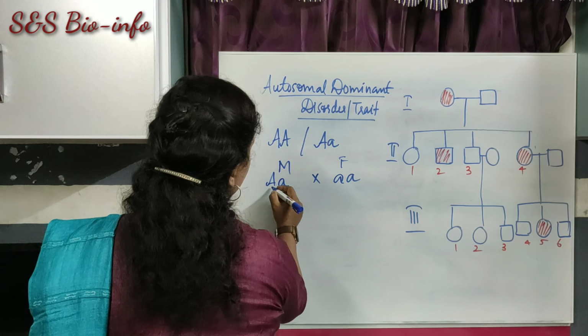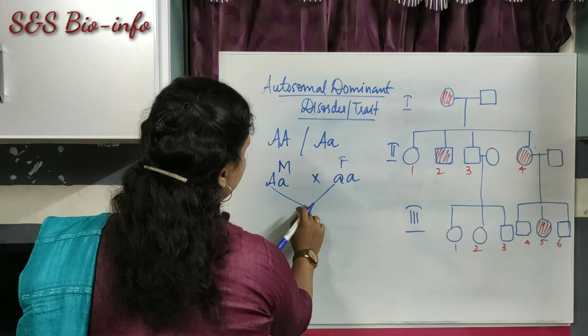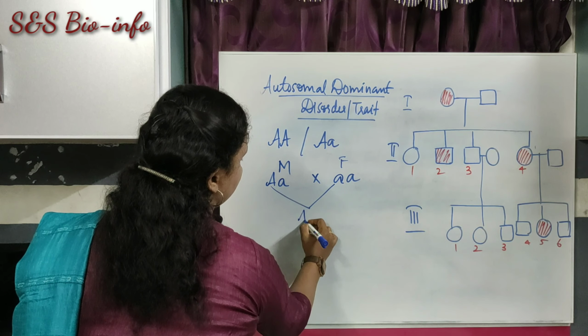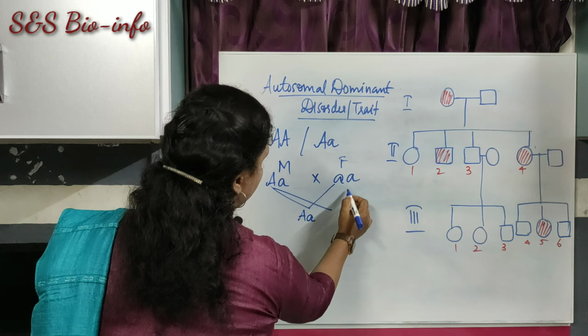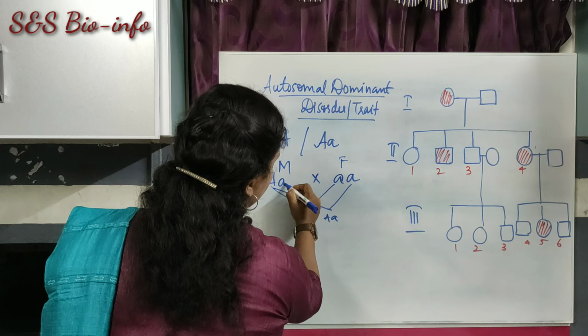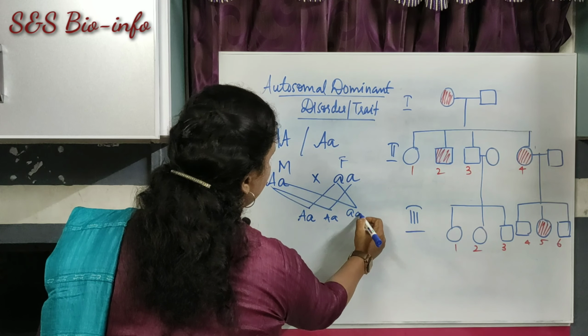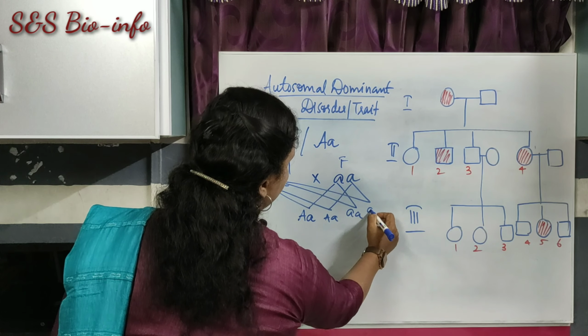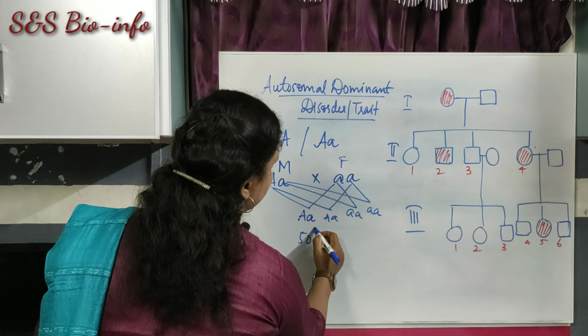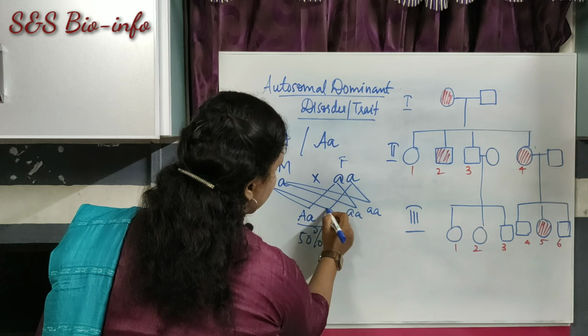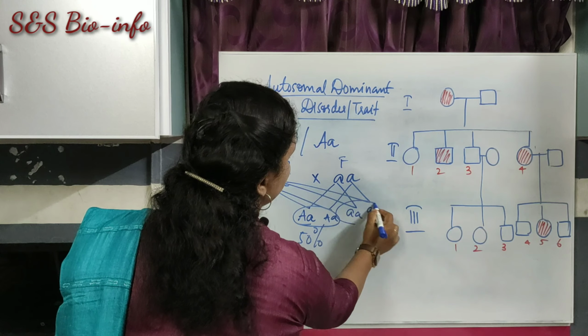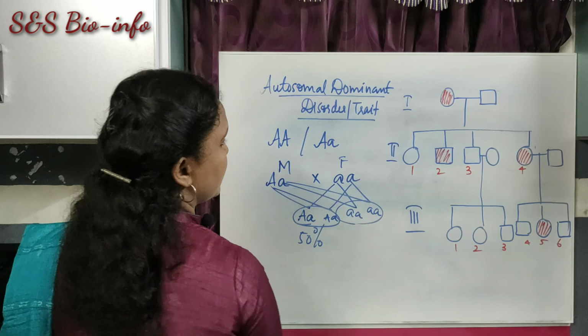We get genotypes like this: heterozygous Aa, again heterozygous Aa, then homozygous aa, then homozygous aa. That is a 50% chance of getting the heterozygous condition and 50% homozygous recessive.